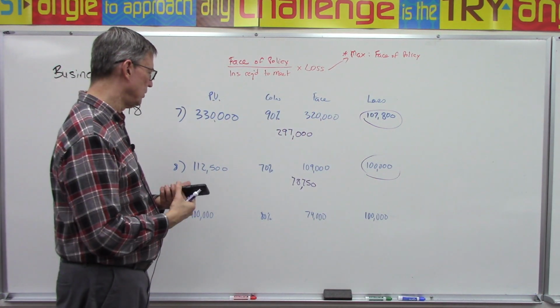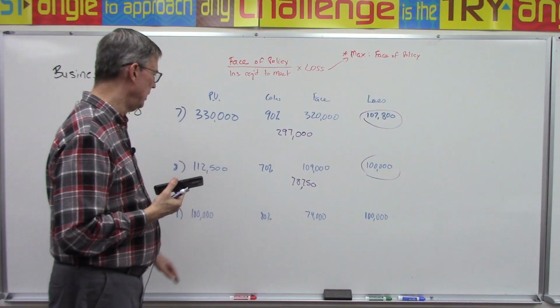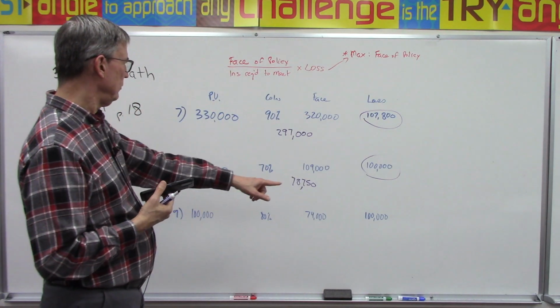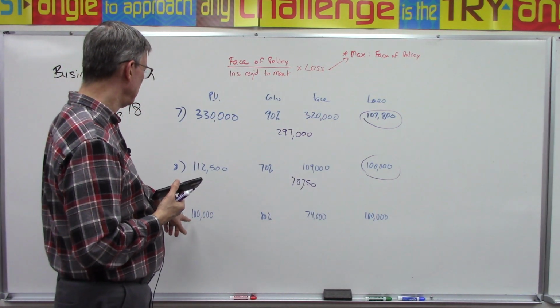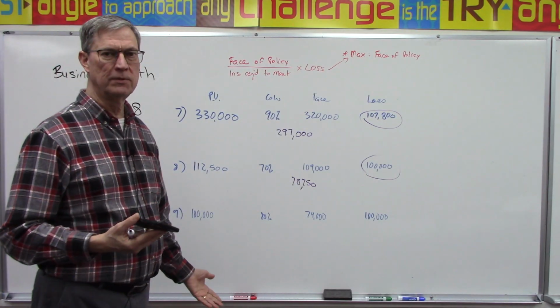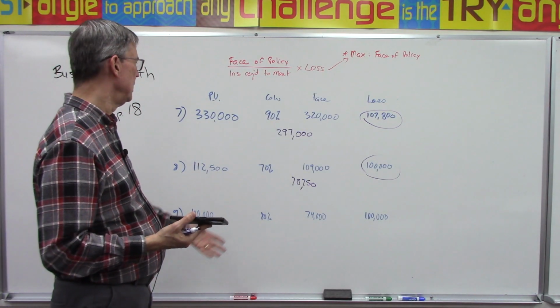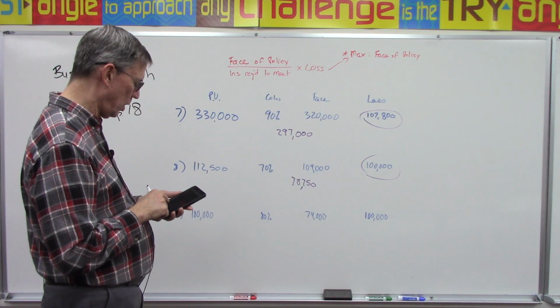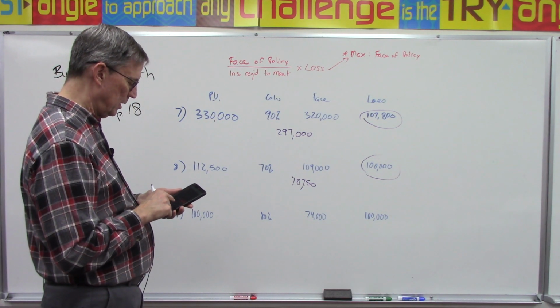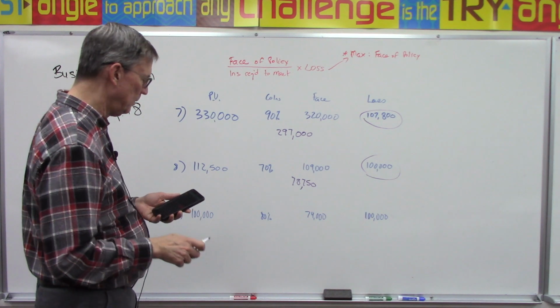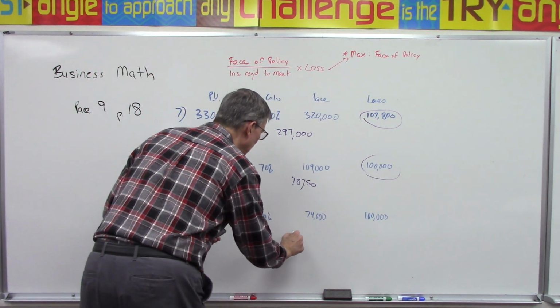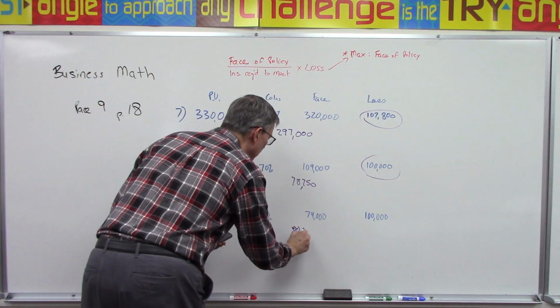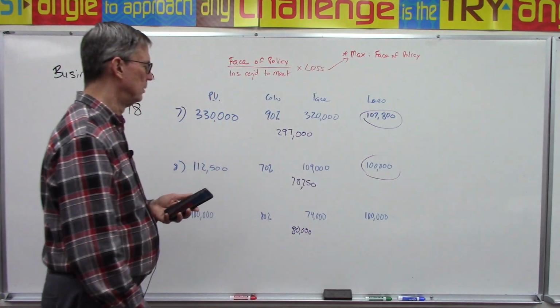All right, so let's look at this one. The property value is 100,000 and the loss is the full thing, 100,000, okay? The co-insurance is 80%, so 100,000 times 0.8, I didn't need my calculator for that, that is 80,000, okay?